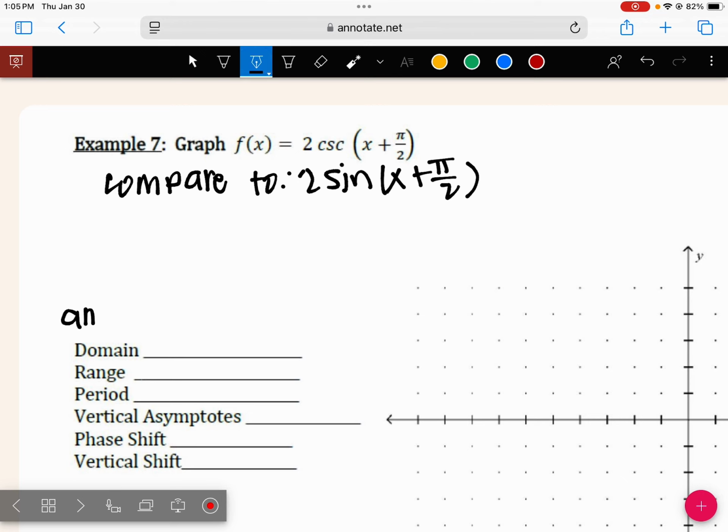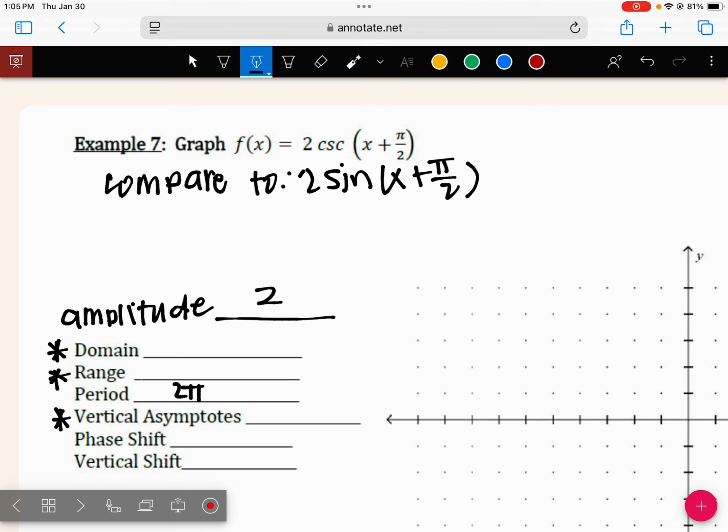What's our amplitude? 2. Our domain, we're going to come back to. Our range, we'll come back to. Our period, do we have a b value? No, so our period is just 2 pi. Vertical asymptotes we'll come back to.